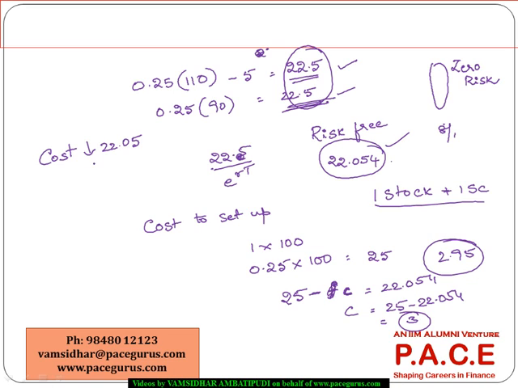Which means we are earning more than the risk-free rate, which cannot be possible. Arbitrage opportunities are going to come up. So the optimal price associated with this call option is going to be 2.95 bucks only.